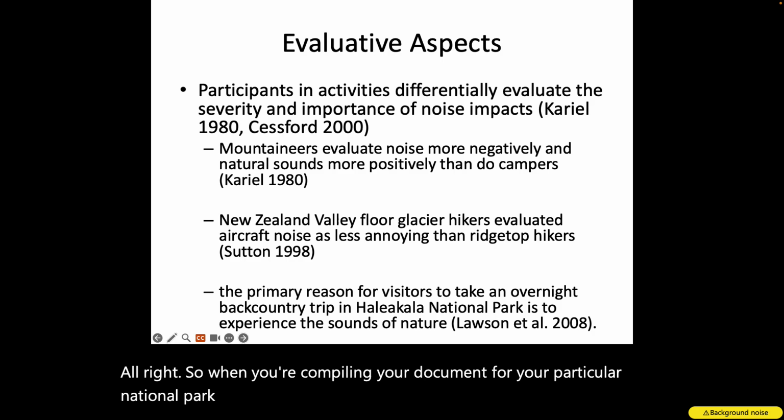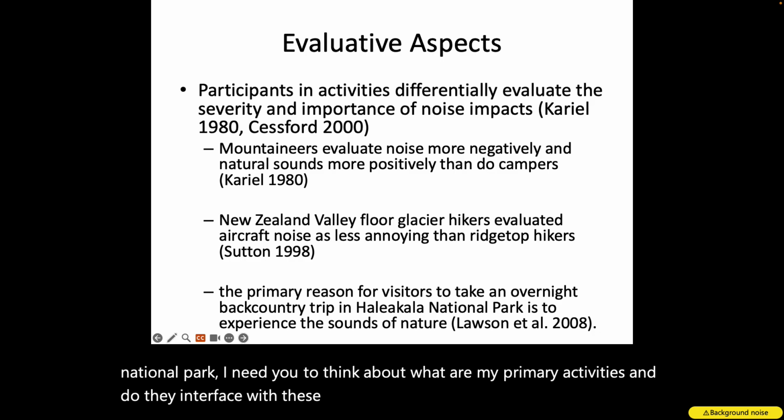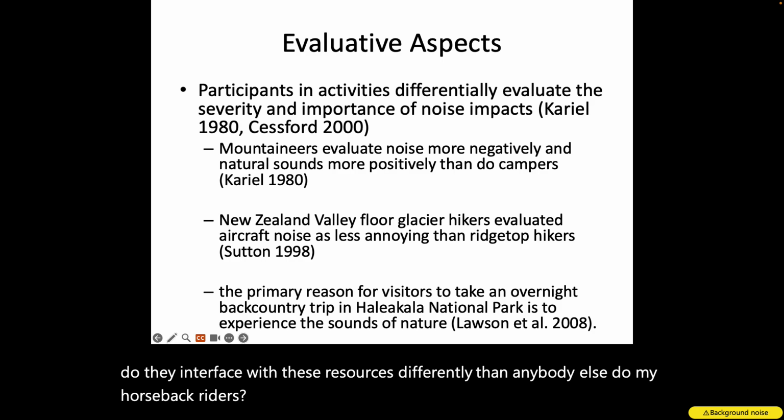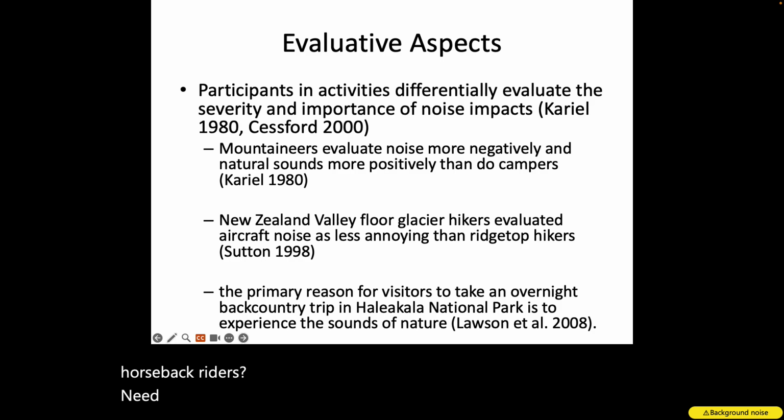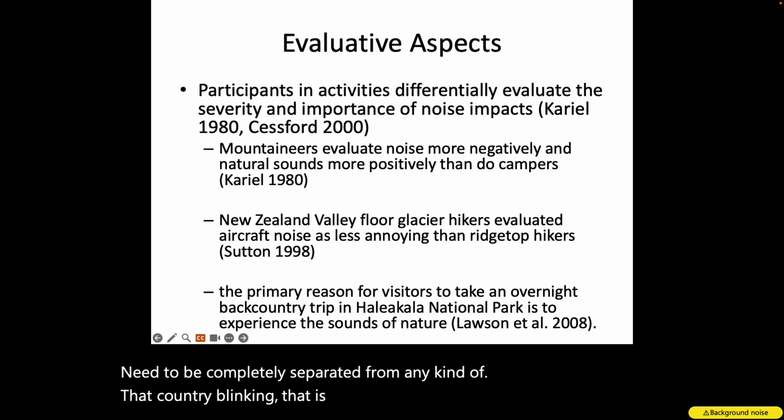to think about what are my primary activities and do they interface with these resources differently than anybody else? Do my horseback riders need to be completely separated from any kind of backcountry plinking, that is target shooting with a gun?